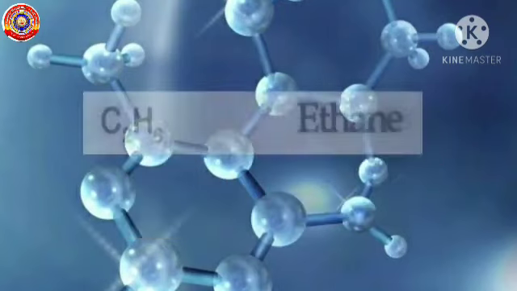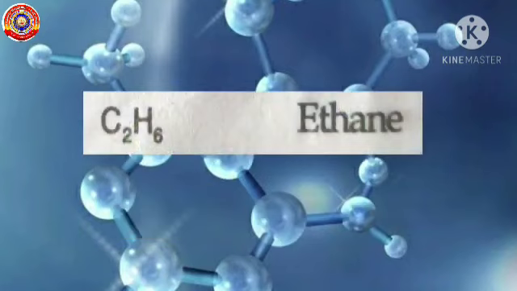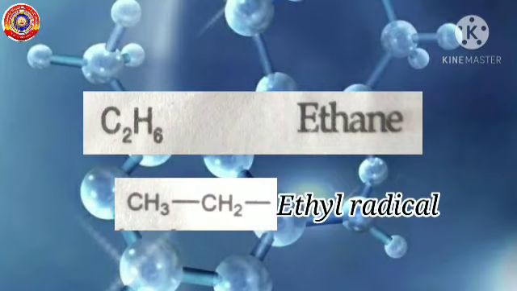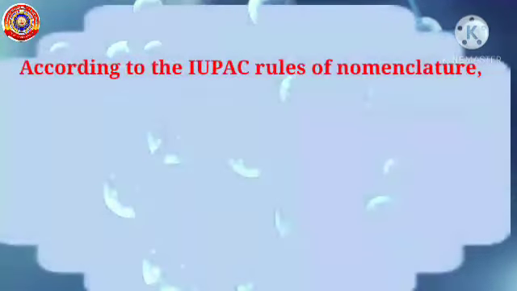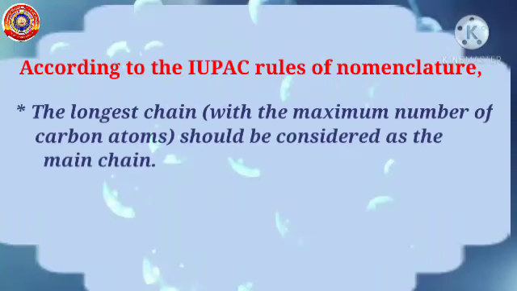Similarly, the radical formed by the removal of hydrogen from ethane is ethyl radical, CH3CH2.